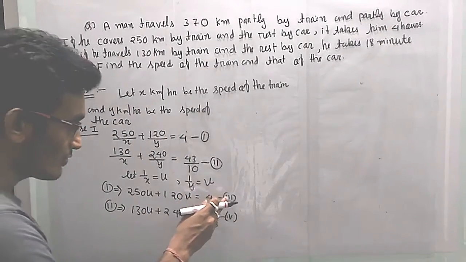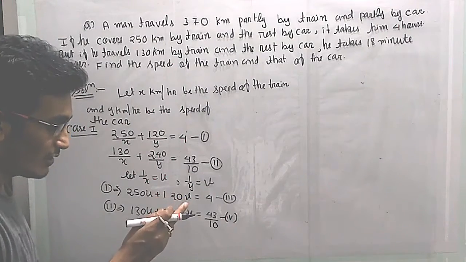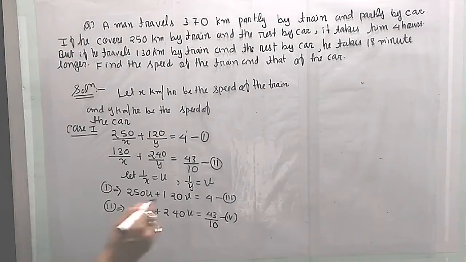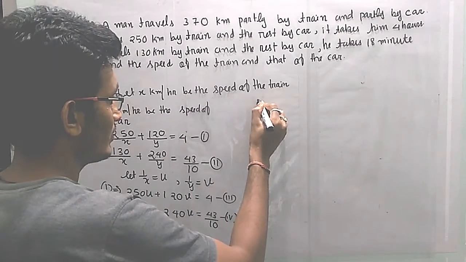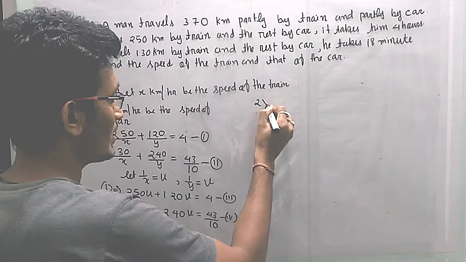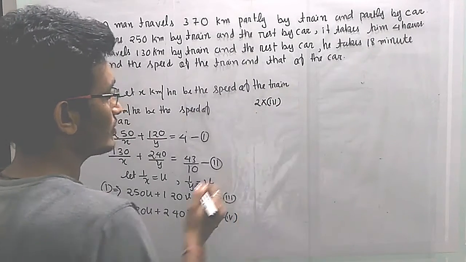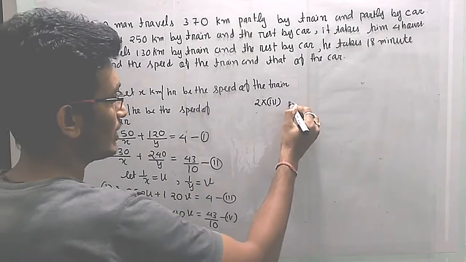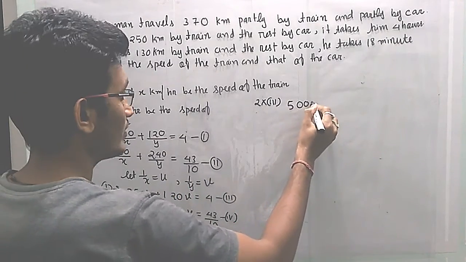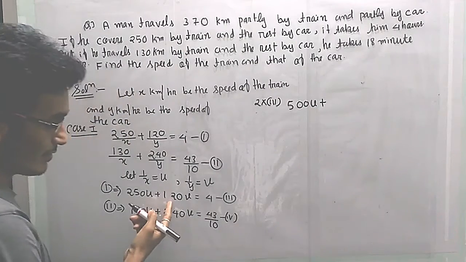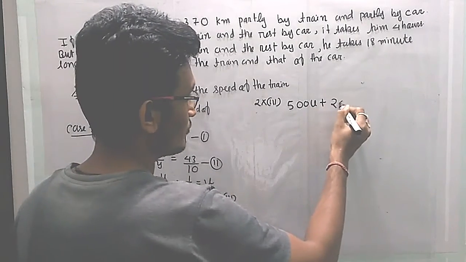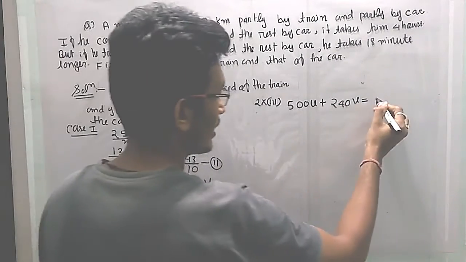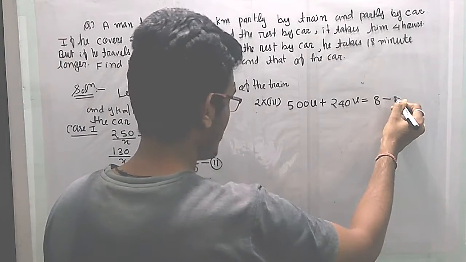So in equation 3, to make 120 into 240, we simply multiply by 2. So 2 multiplied by equation 3 becomes 2 into 250, which is 500u, plus 120 into 2, which is 240v, equals 2 into 4, which is 8. Call it equation 5.